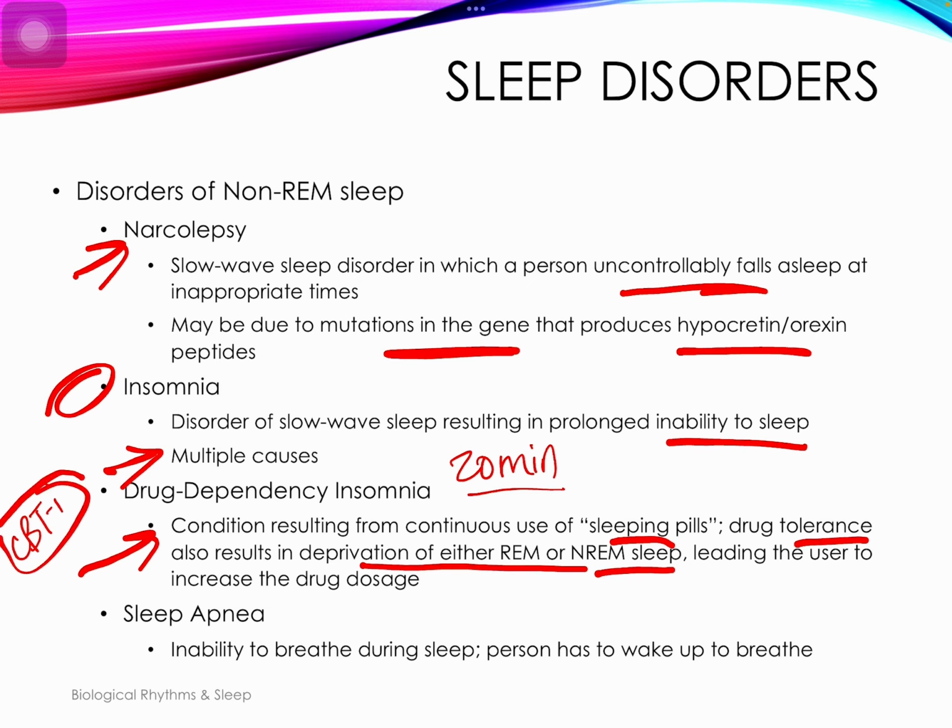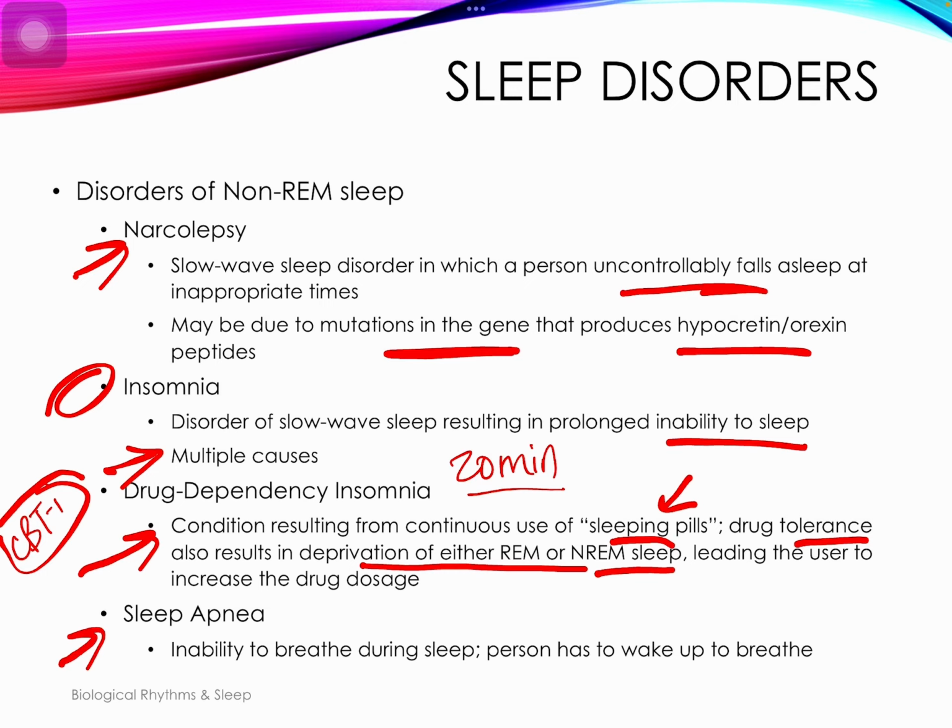And again, CBTI is one of the best treatments for insomnia and allows a person to try to treat their insomnia without the use of medication. And so, again, hypnotics should be something that you use pretty much as a temporary solution.